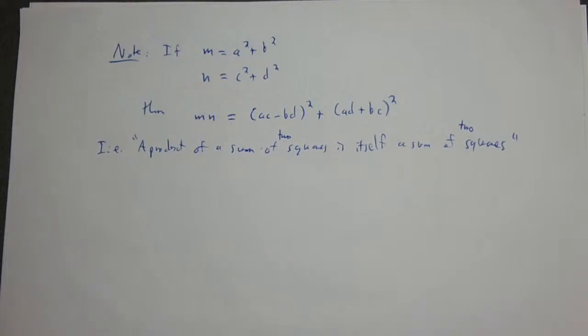We had a very similar formula that was more complicated because it was the statement that if you had two positive integers that were the sum of 4 squares and you multiply them together, that itself was also a sum of 4 squares. That was a little bit more complicated with the expression, but this is the same thing in spirit.